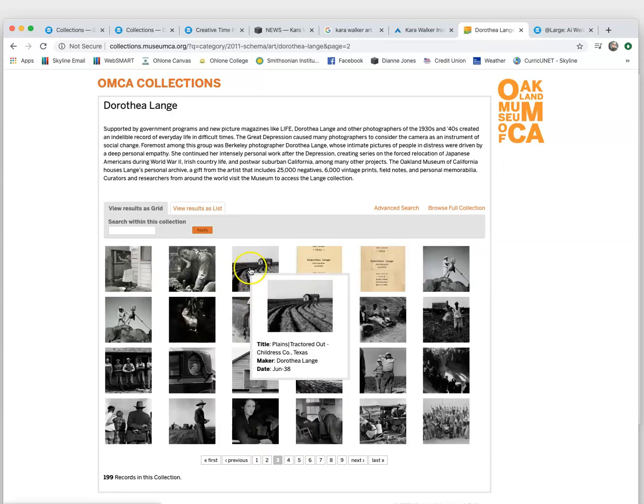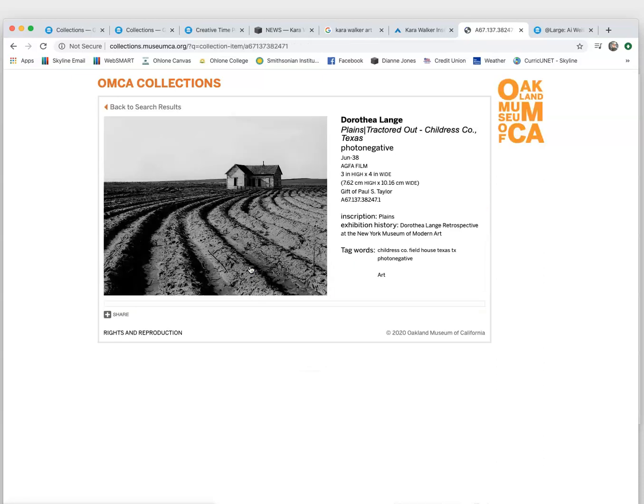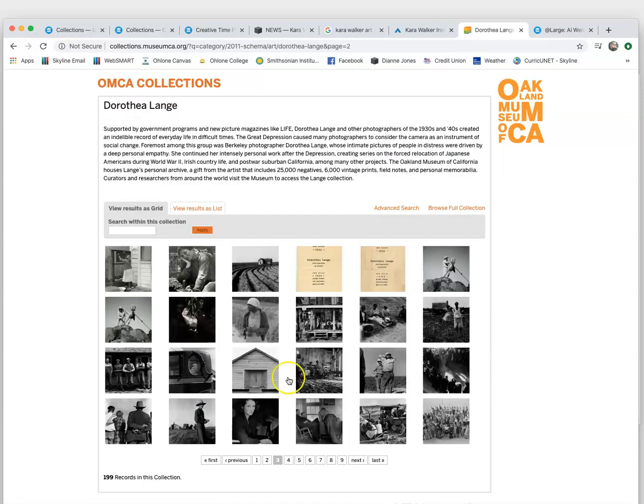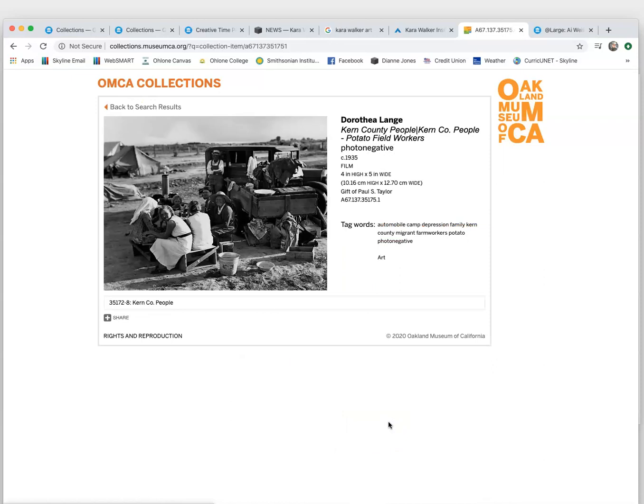I think this is one of the images that we discussed. You've got the physical properties right here, links to talking about how the artist made the work. And it just gives you a sense of this work that she created in her life that was really focusing on the Depression in the 1930s.